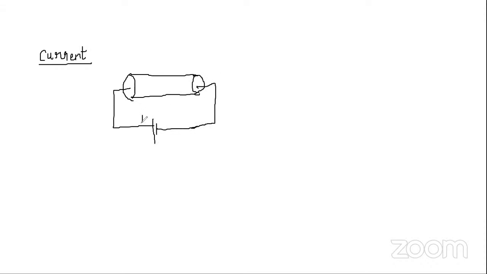So this is positive polarity and this is negative polarity. When you apply this potential difference, what will happen? The free electrons start moving inside the conductor, and the free electrons carry the charge. So the rate of flow of electric charges inside the conductor is called electric current.